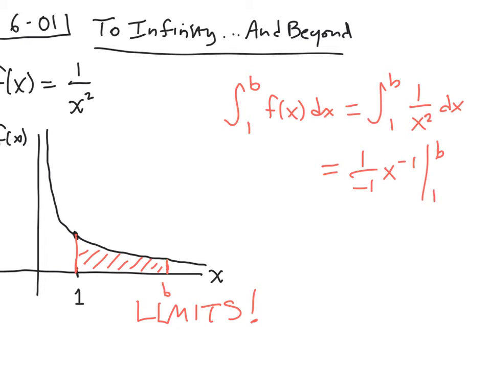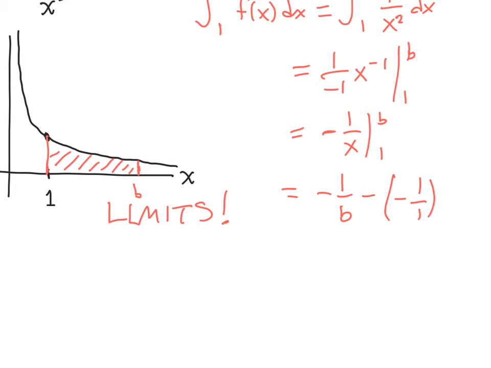Then we subtract. I'm just going to simplify that a bit. I'm going to get negative 1 over b minus negative 1 over 1. So what does that come out to? I think that's just negative 1 over b plus 1 if I simplify all that. So that's 1 minus 1 over b.